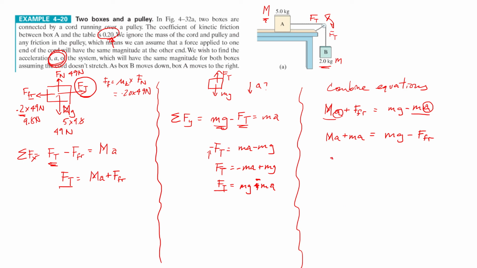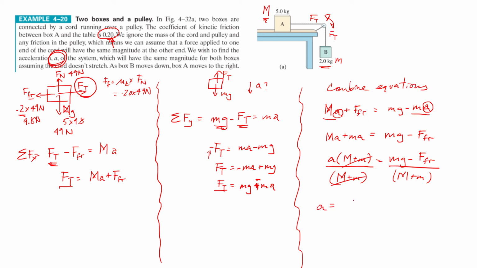Let's take the a out. A times big M plus little m is equal to mg minus the force of friction. So now we just have to divide both sides by big M plus little m. These guys cancel. So we could just plug in.